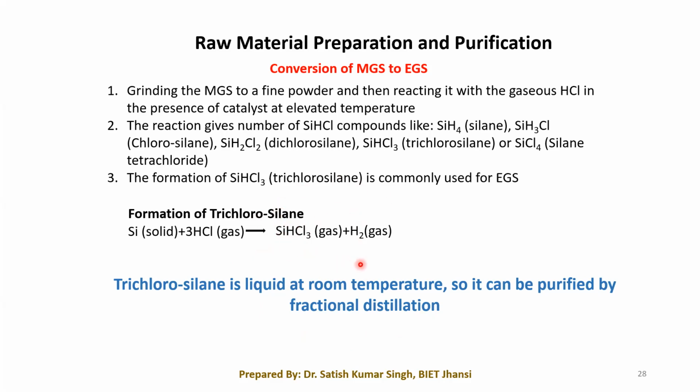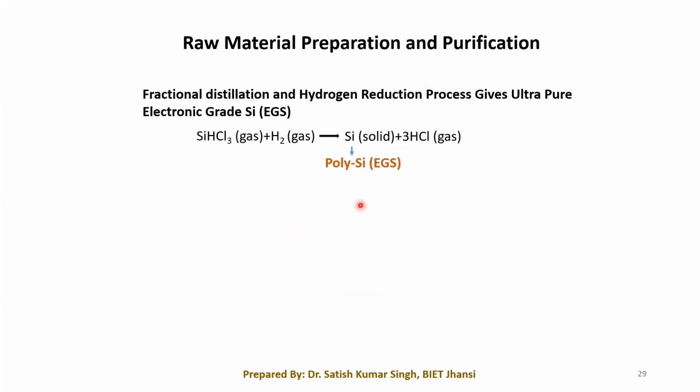So we are removing these impurities through the distillation process. This is the fractional distillation and the hydrogen reduction process. Distillation and the hydrogen reduction process will give you this, as you can see.